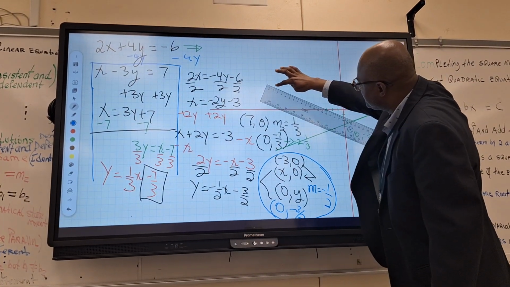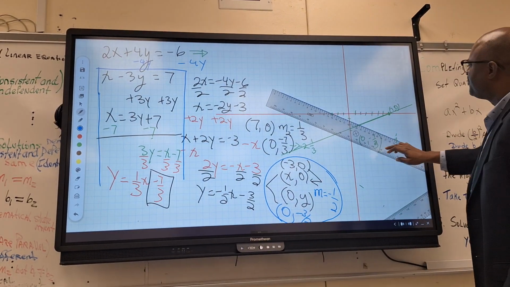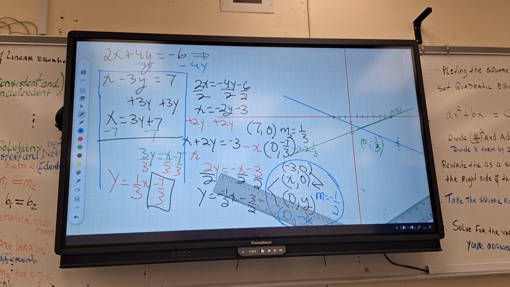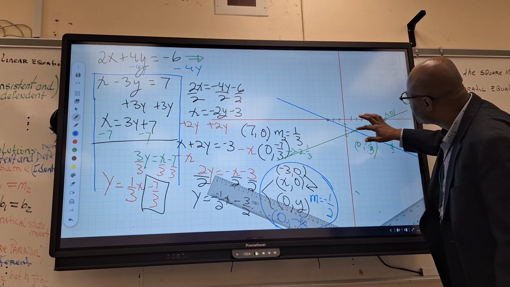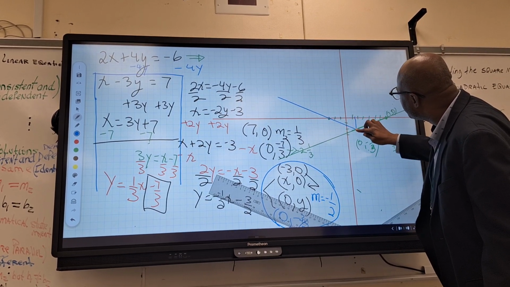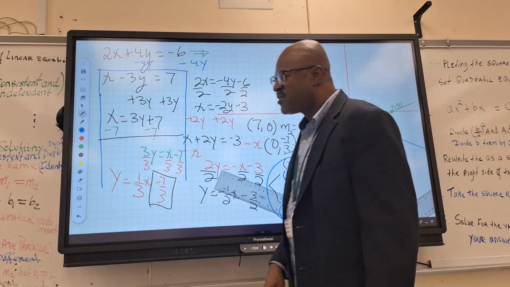And hopefully the graph will tell you where they touch, the point of intersection. And it's not an easy one to tell. Right? It will be somewhere down there. As you can see, try to estimate what point that is.